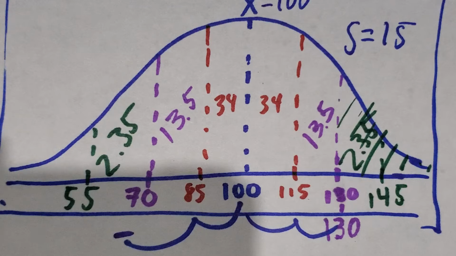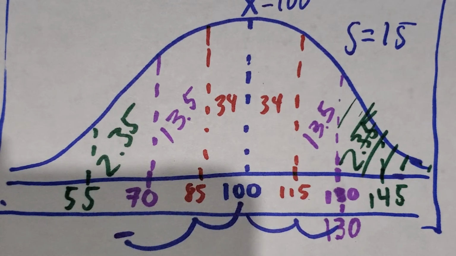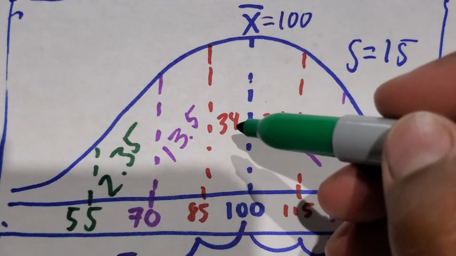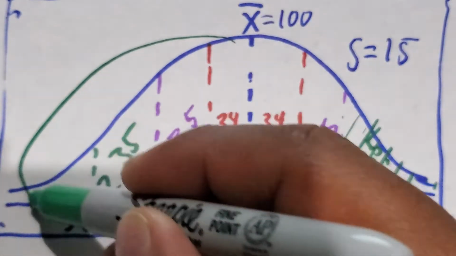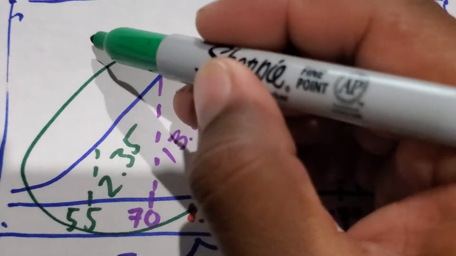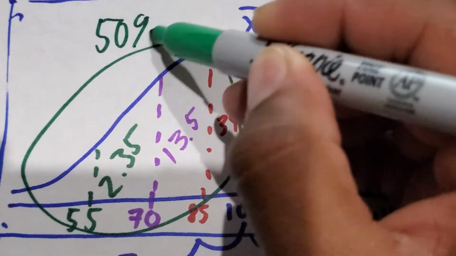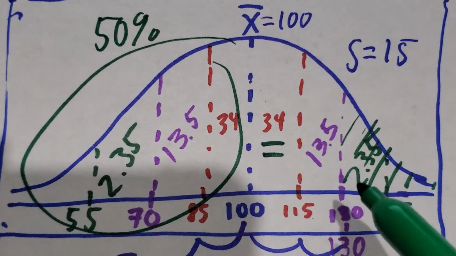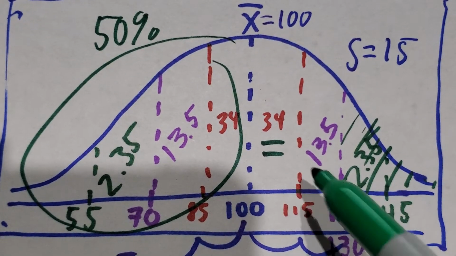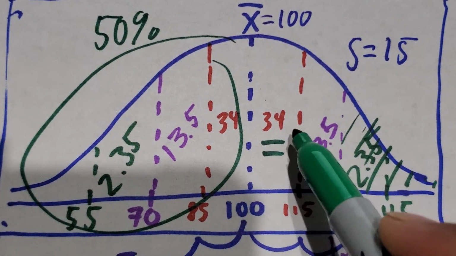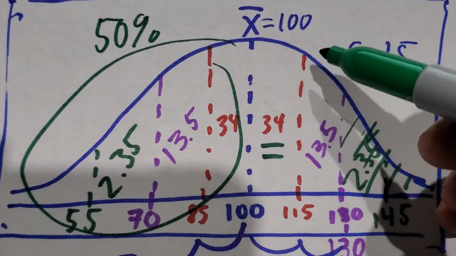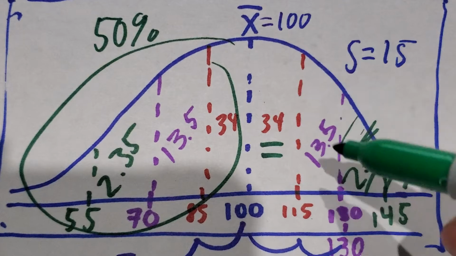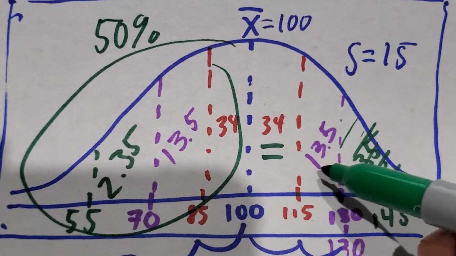So if I'm looking above 130, since this is symmetric, I already know all of this represents 50%. And I know this is 34%. So these two together, now I'm at 84%.